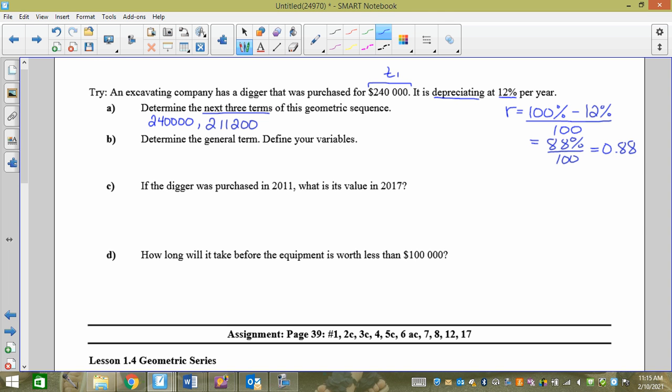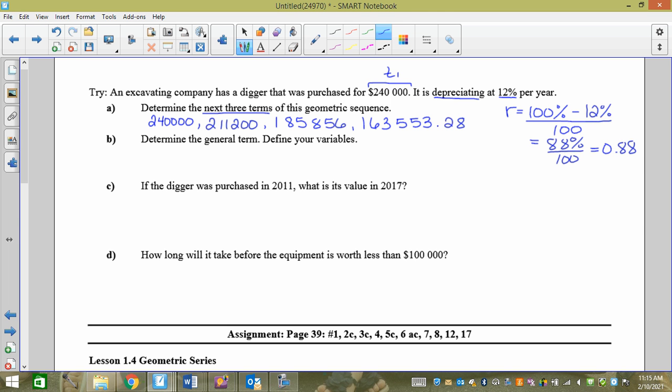Take that answer times 0.88, and I get 185,856. I need one more, times 0.88, and I get 163,553.28. So it's just a geometric sequence. It's a word problem, which makes it a little more overwhelming, but still just a geometric sequence.